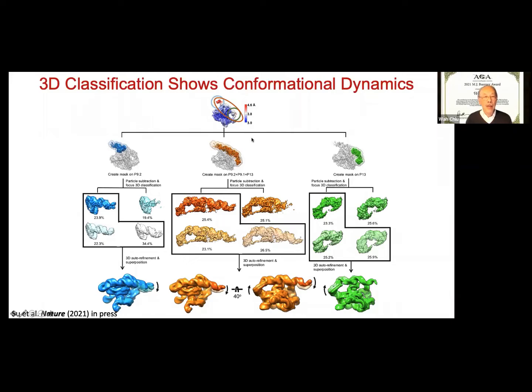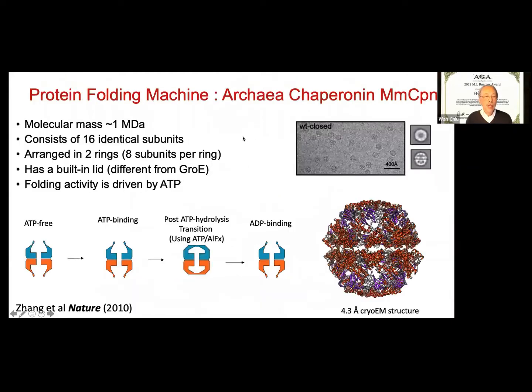So that concludes my first example, that one can now use cryo-EM to solve an atomic model of an intact RNA-only molecule. Now, the second example I would like to talk about is a protein folding machine, which we have worked on for some time. Almost a dozen years ago, we worked with Judith Frydman and Michael Levitt on this chaperonin from archaea. It's 1 million Daltons, much bigger than the RNA piece, and is made up of 18 identical subunits in 2 rings.